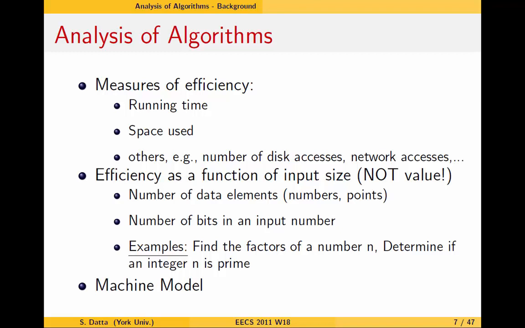SSL is based on a crypto system called the RSA crypto system, and the RSA crypto system is based on this problem being hard. If you are able to factorize large numbers fast, e-commerce, as you know, is out the window.